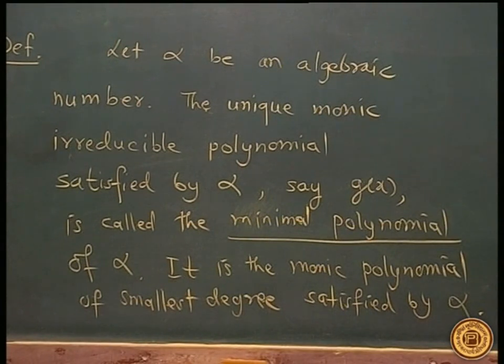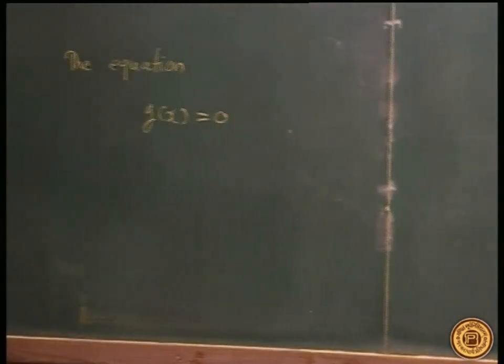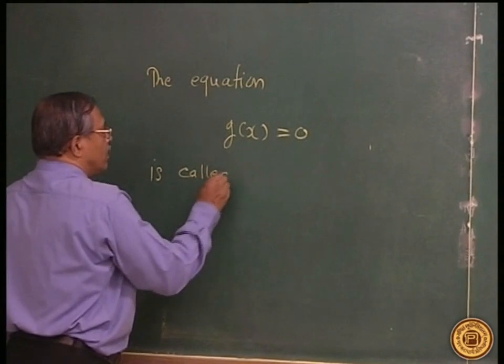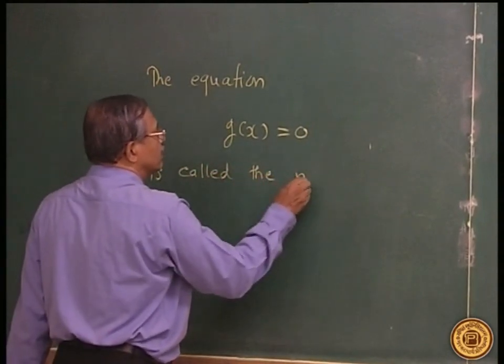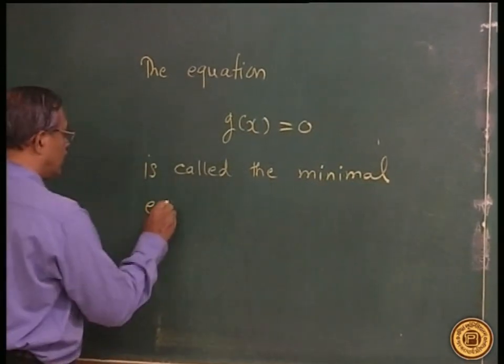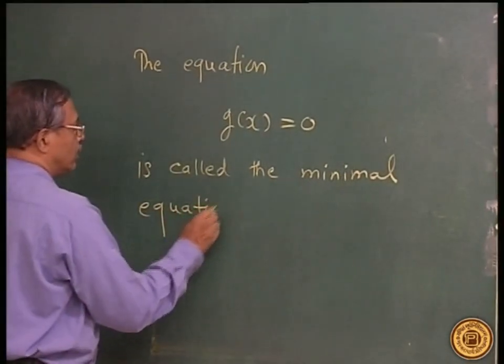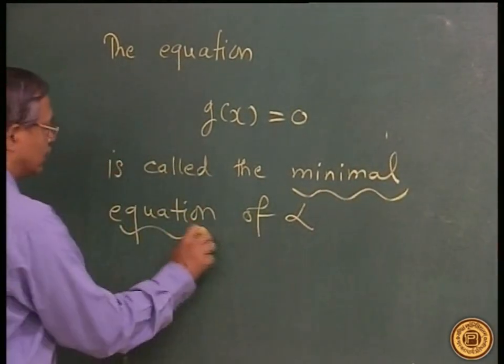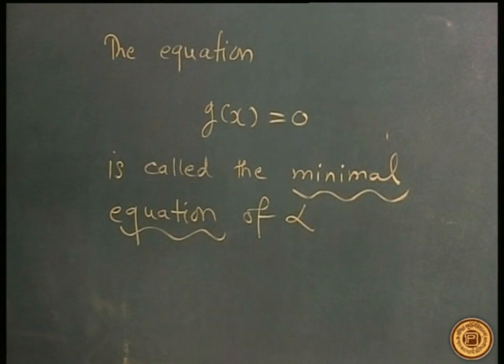The equation Gx equal to 0 is called the minimal equation of alpha. It is the equation of smallest degree.